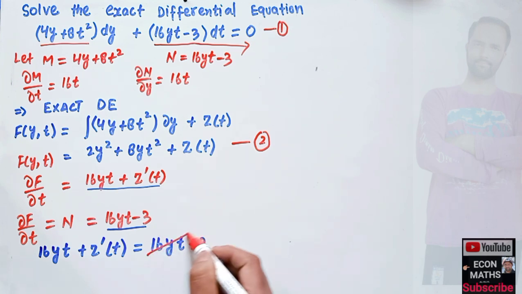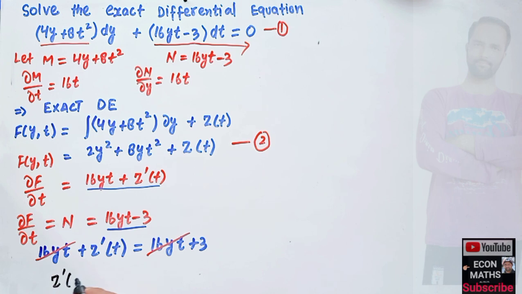Here 16yt and 16yt get cancelled, so we are left with z'(t) equal to −3.